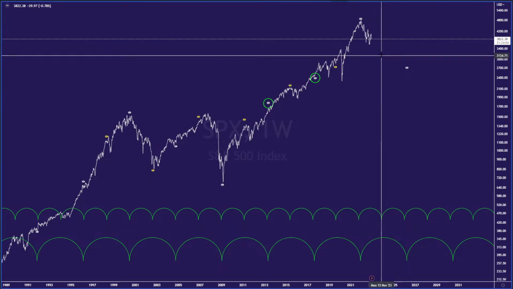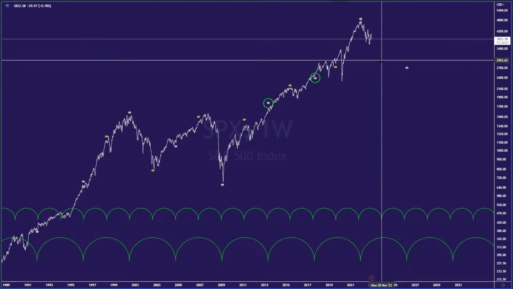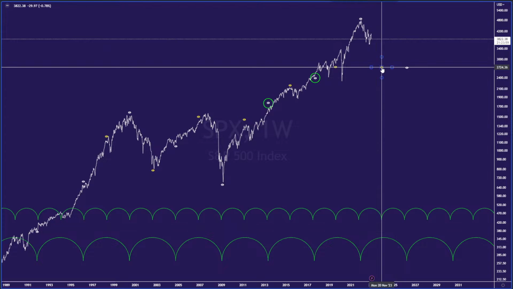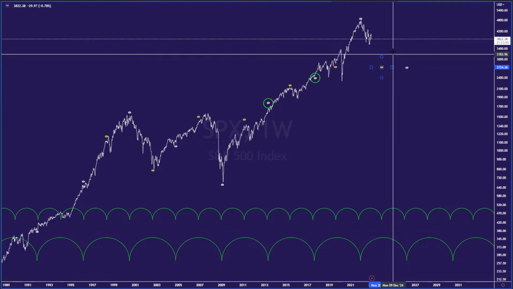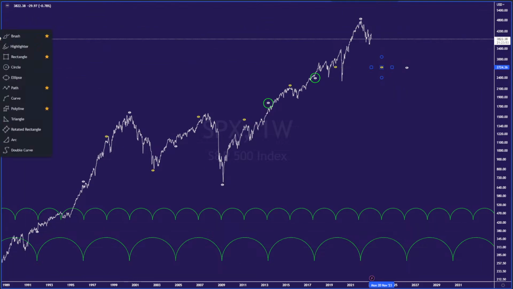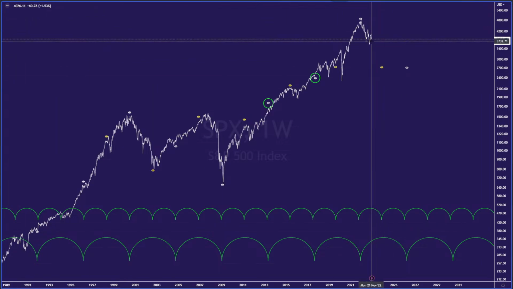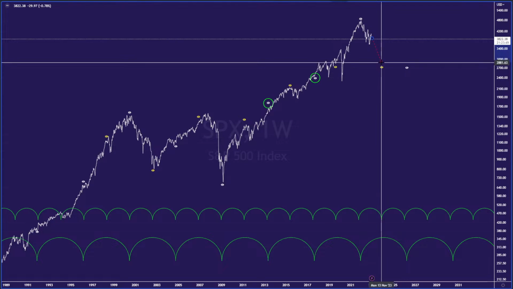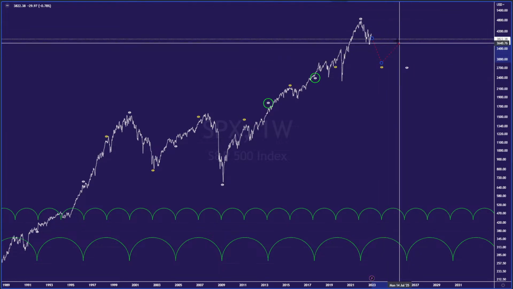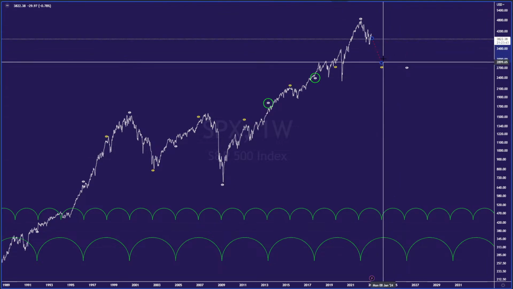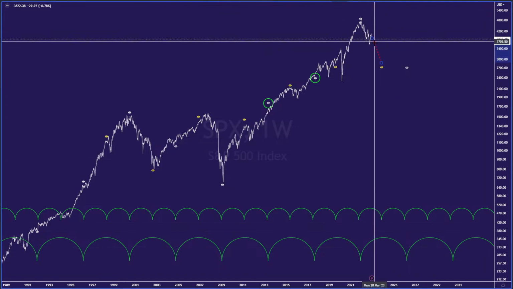If we go down into this cycle bottom, I'm just going to put this right here. I'll be watching this. If we go down into November of 2023, I'm going to be looking for that to be a bottom in the market. Now that would be very harsh, and I'm not sure that we're going to get that.